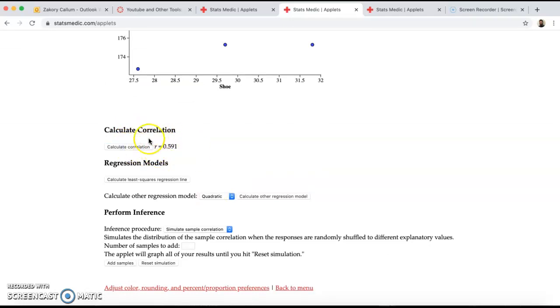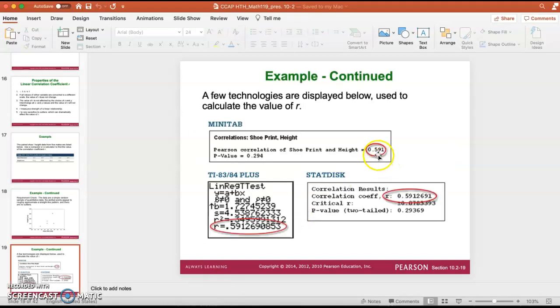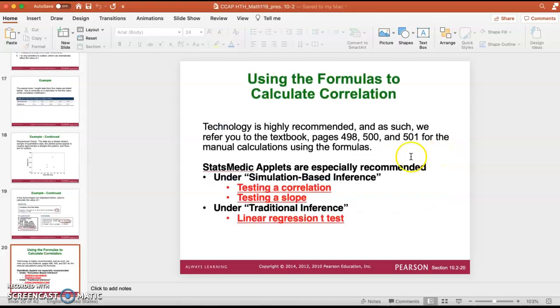It gives me the correlation coefficient value of 0.591. Looking at these other technologies, it's essentially the same correlation coefficient value, 0.591. And so again, technology is highly recommended for when you find those correlation coefficients.